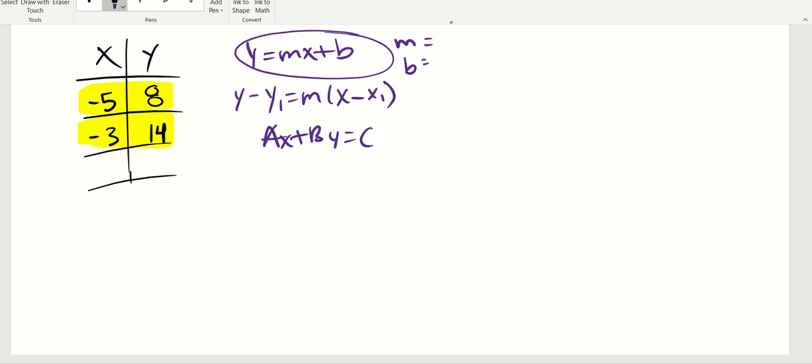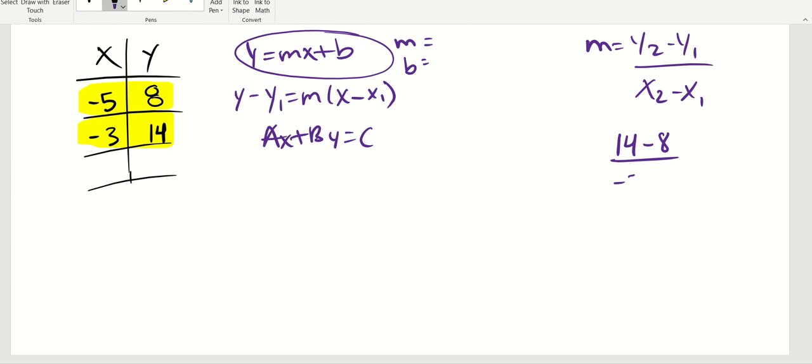So the m value is your formula, y2 minus y1 over x2 minus x1. So therefore we're going to write 14 minus 8 over -3 minus 5.